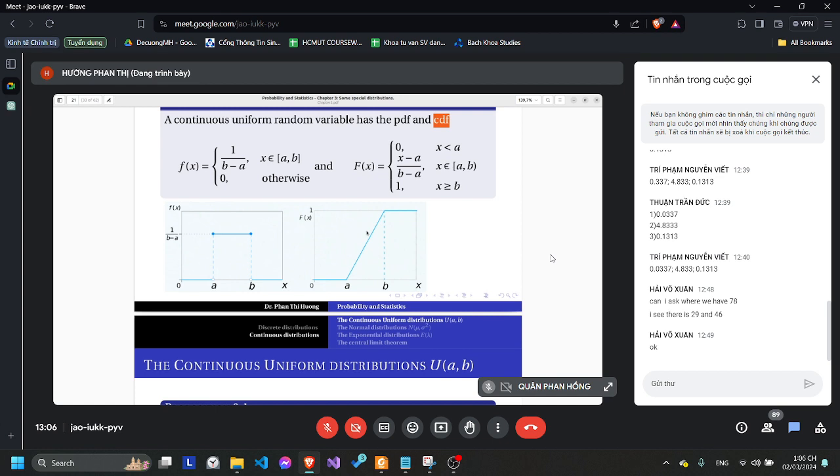Suppose that you're waiting for an important message from someone, and you have no idea about the arrival time of this message. You just know that the message may arrive between 7 a.m. and 7 p.m., for example.